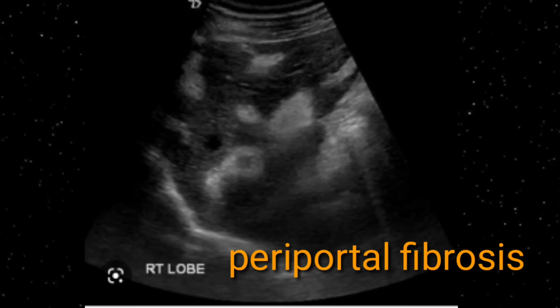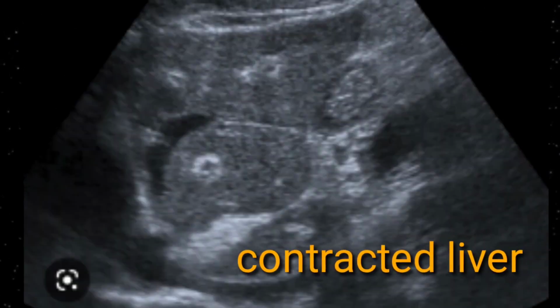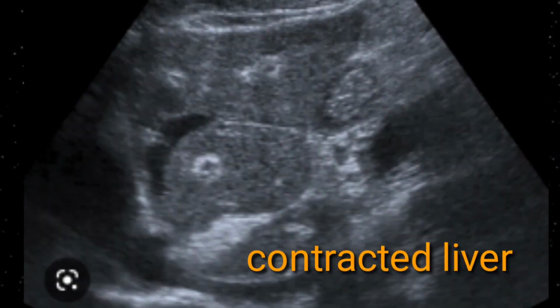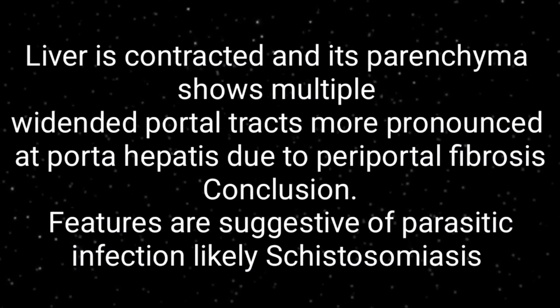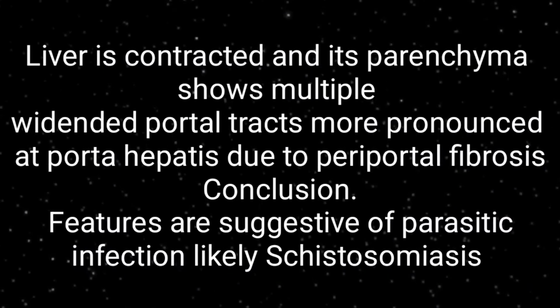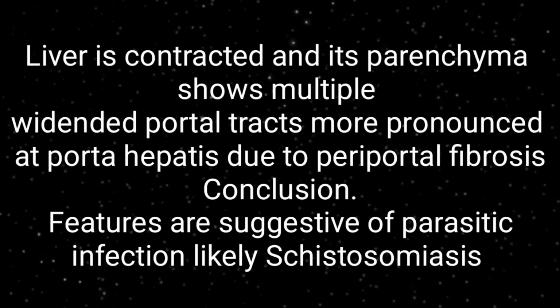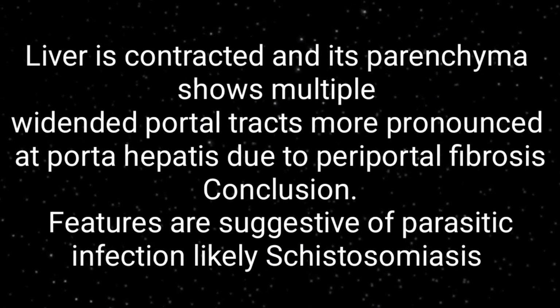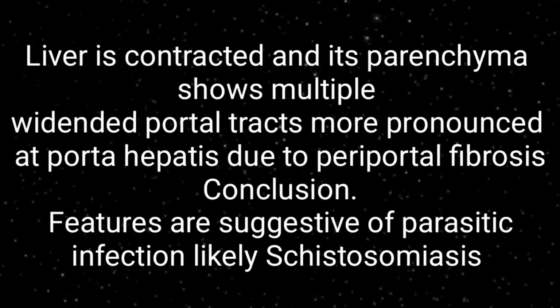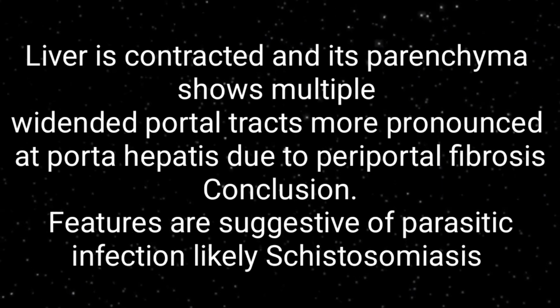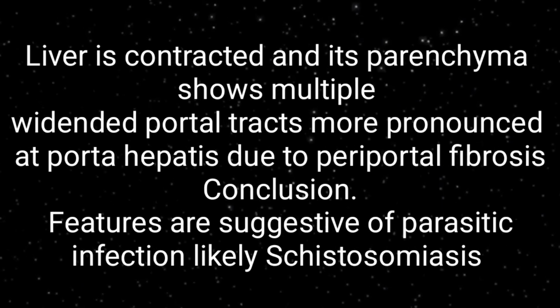Initially the liver size is enlarged and it appears hypoechoic, but as the disease progresses into portal hypertension, the liver becomes contracted and shows portal hypertension characteristics. When writing the schistosomiasis report, mention that the liver is contracted and its parenchyma shows multiple widened portal tracts, more pronounced at the porta hepatis due to periportal fibrosis.